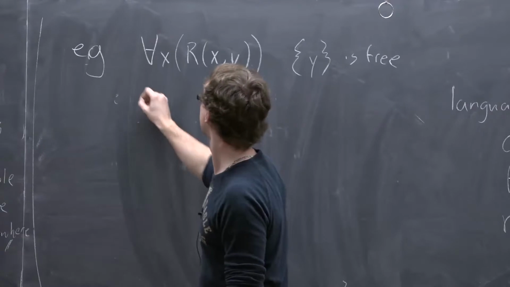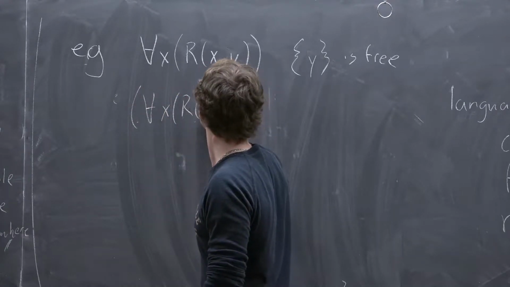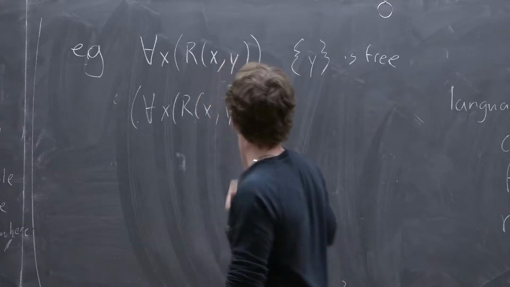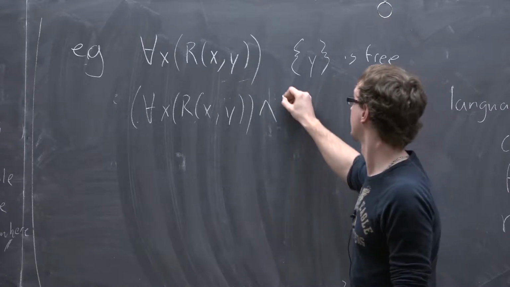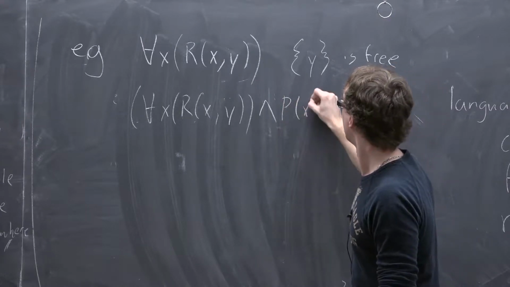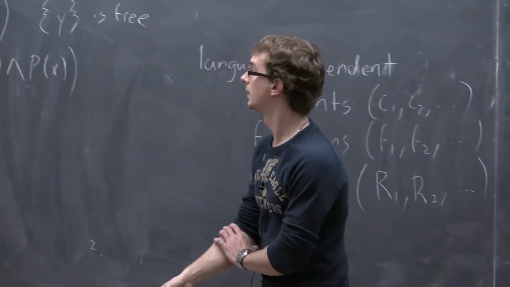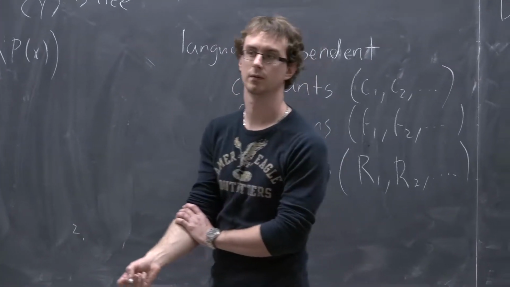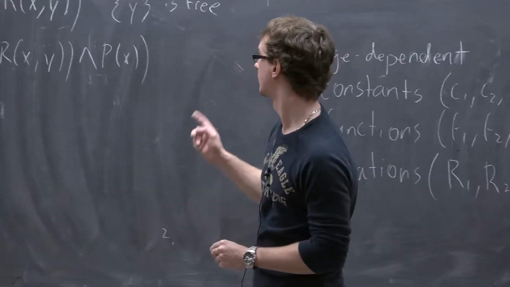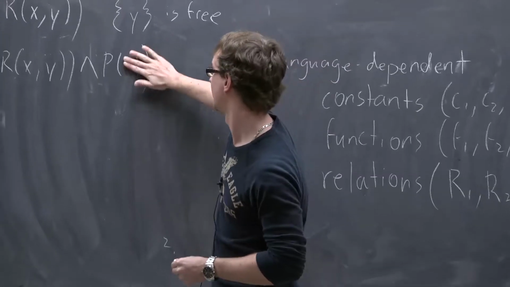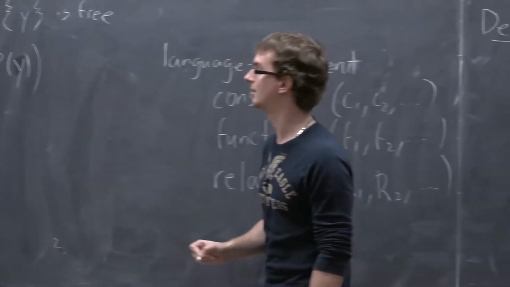Now, what about if we take the same thing and maybe AND it together with something like p of x? What are the free variables going to be in this case? Yeah, so it's still y. And now if we do what I meant to do and change that to y, now what is the answer?